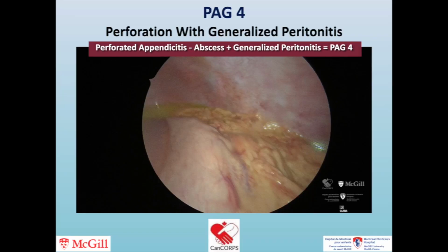Therefore, this is a case of perforated appendicitis with diffuse contamination or generalized peritonitis, but no abscess, assigned a PAG 4.